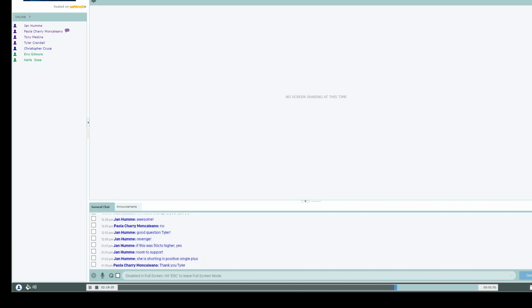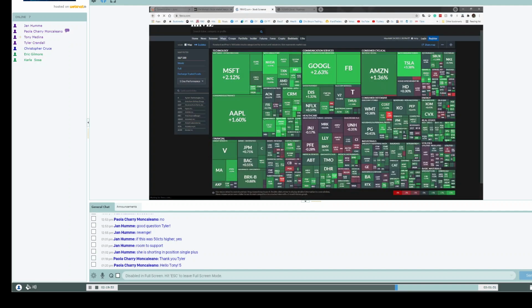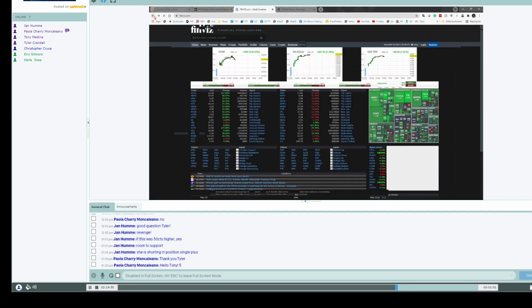Let's see if my screen share decides to work today. Looks like it wants to. It's trying to. It's working on it. Bingo. Working. Alright, great stuff.